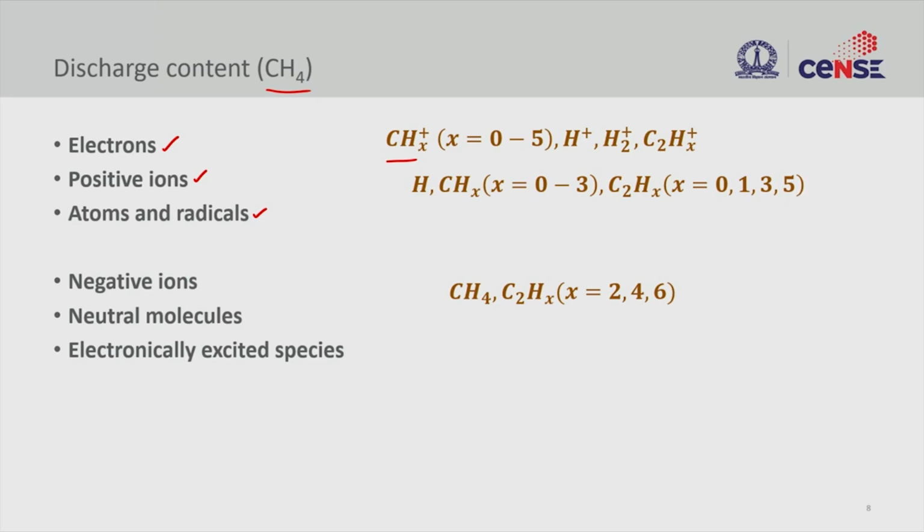So you are dissociating the precursor gas. The next thing is you can have electronegative ions, neutral molecules, and also excited states as well. As the molecule becomes complex, you will also get all possible constituents in the plasma, which makes the plasma very rich, and at the same time very complex to study as well.